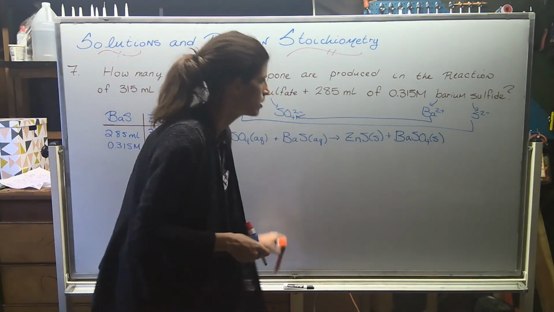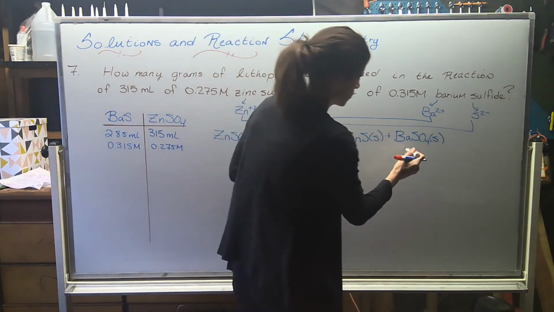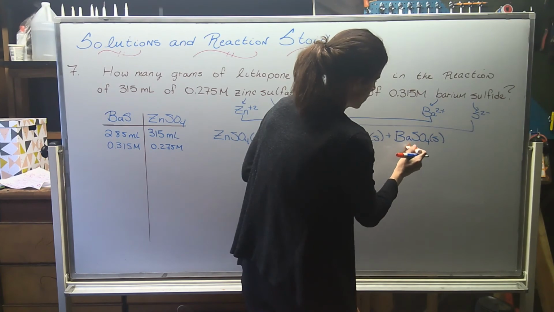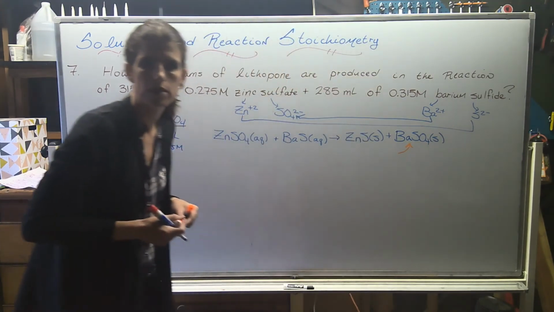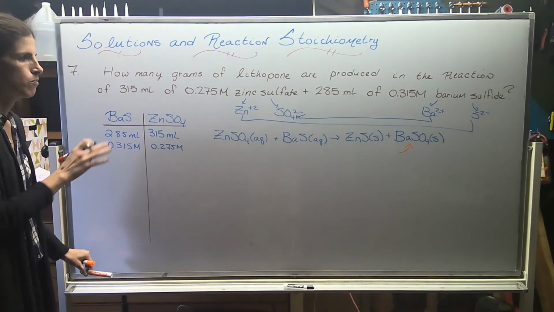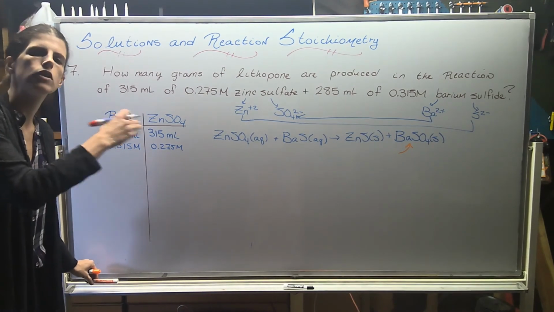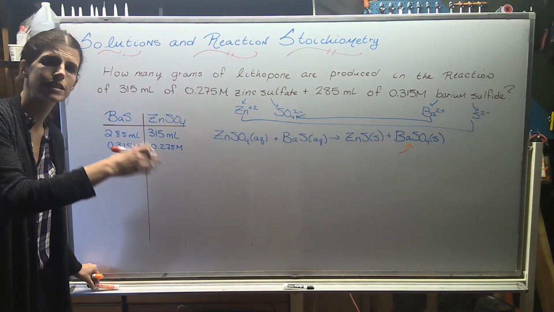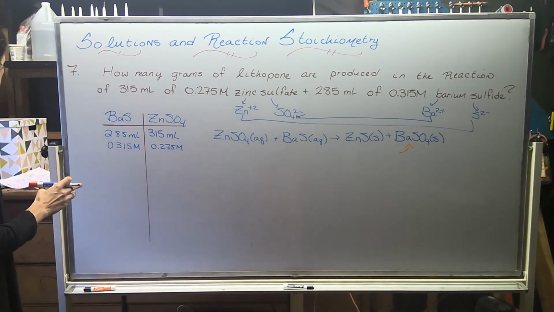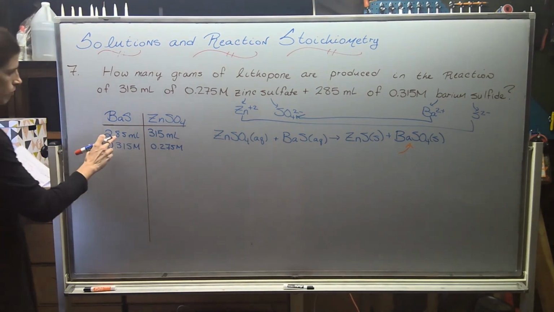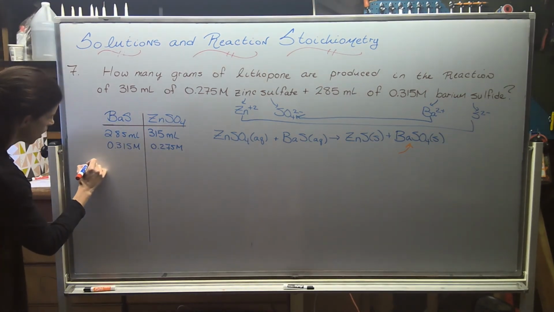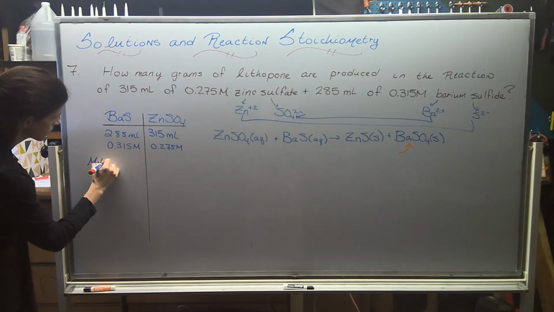So I'm going to focus on, I don't know, I'm actually going to need both. But for now, I'm going to focus on barium sulfide, barium sulfate. Because remember, when you're trying to determine the limiting reactant, you want to focus on one product. So first I'll do molarity times liters equals moles.